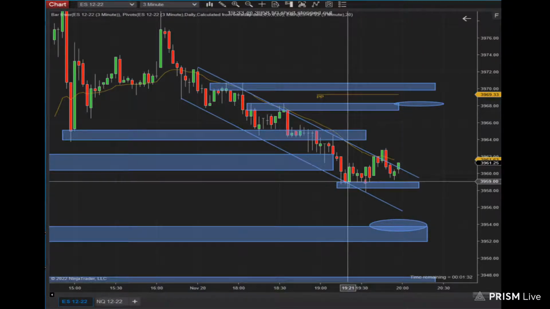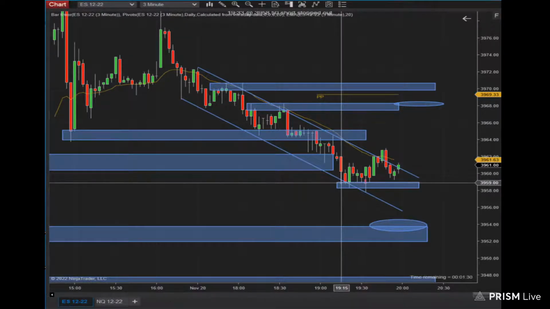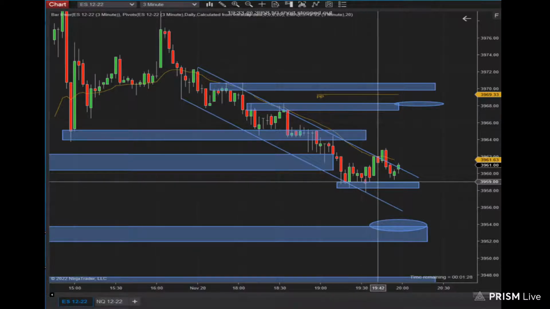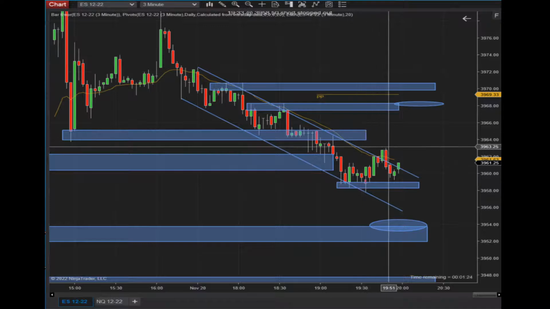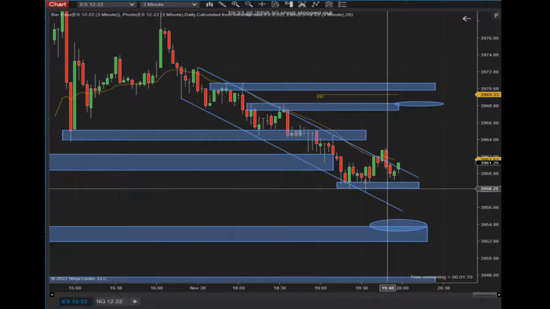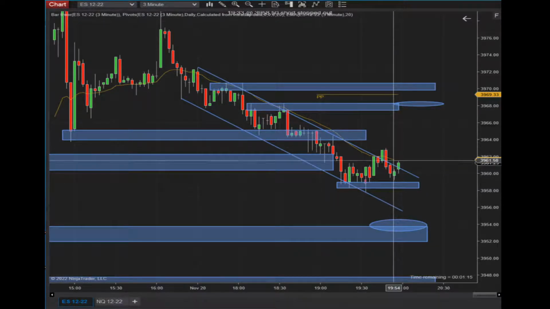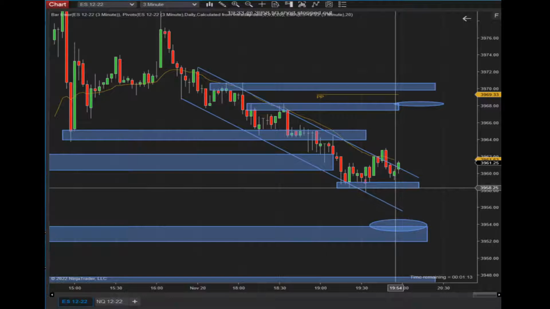So for 45 minutes it has been stuck in a 63, 58, kind of 5 point range. Been stuck in a 5 point range for 45 minutes.